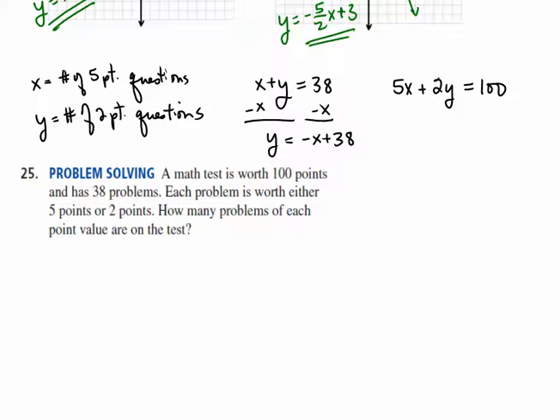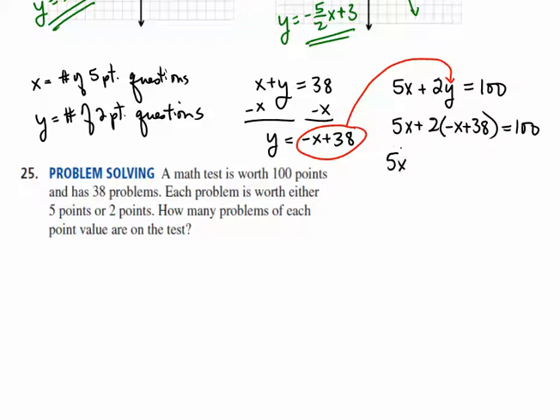And so we are going to substitute negative X plus 38 in place of Y, recalling that negative X plus 38 is another name for Y, and we'll get 5X minus 2X, and then distributing the 2 to the 38 gives me 76, is equal to 100. 5X minus 2X is 3X, plus 76 is 100.